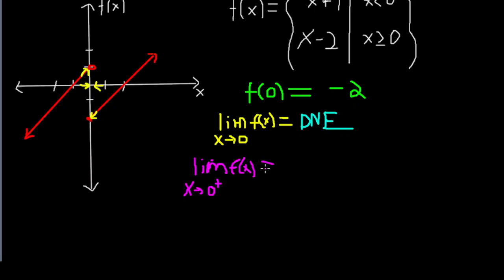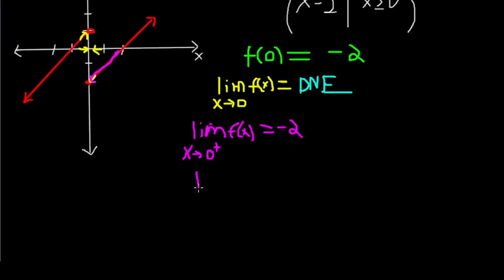So what's that going to be? Well, x is coming to 0. We're at the right side of the graph. X is coming to 0, 0, 0, 0. And then once we get there, that's our value. So that's going to be negative 2. And then to look at the other part of it, you might have already guessed it, but we write the same thing, but x approaches 0, and we put a negative sign.